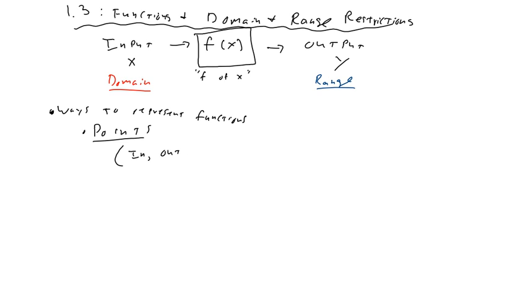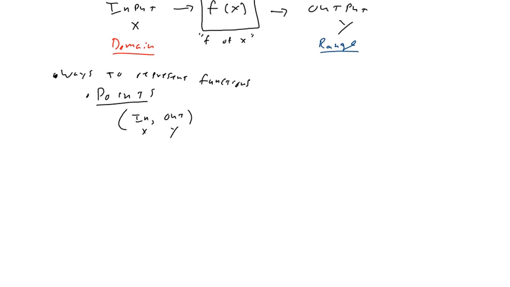A series of points tells you what all the inputs are and what all the outputs are, what the domain is and what the range is. If we have a series of points, we can make a table with inputs and outputs, all the x's and all the y's.